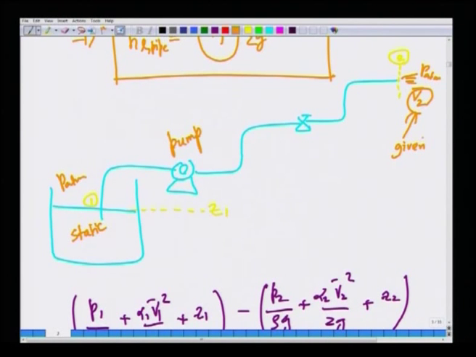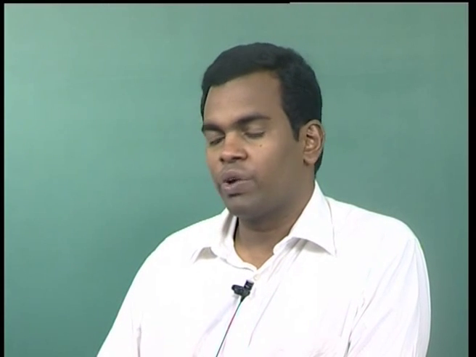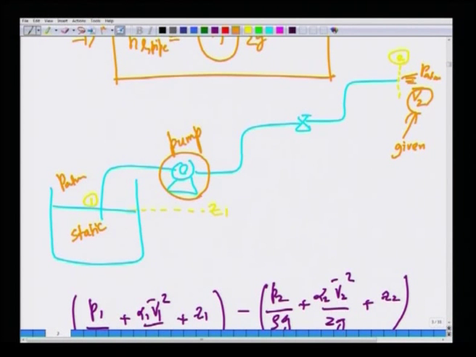Okay. Now, what is the head I must generate across the pump, so that we can make the fluid flow at a particular velocity. What this pump is essentially doing is to overcome the gravitational head between points 1 and 2 and also the viscous losses that occur at various points.